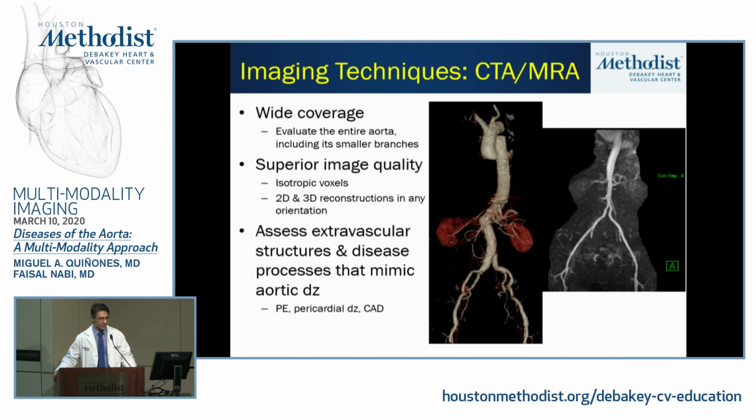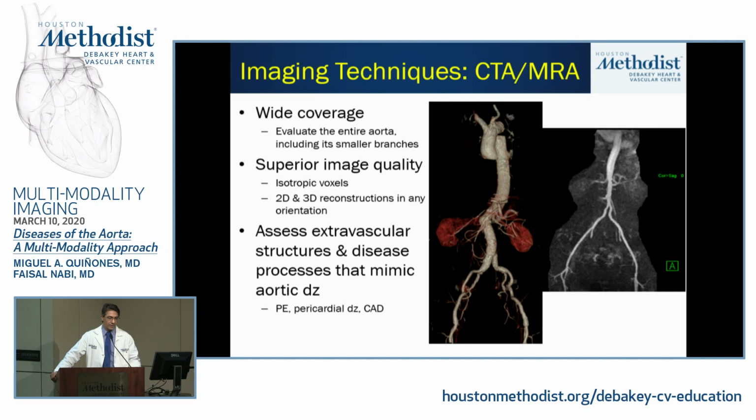Now, that brings us to some of the more advanced imaging techniques. This includes CT and MRI. These techniques have, as you know, a lot of advantages and really are the go-to test when it comes to visualizing the aorta and following people serially for aortic conditions. And why is that? Number one, they provide full coverage.